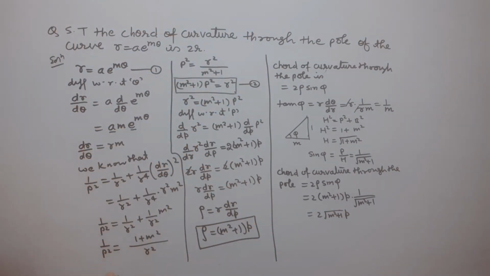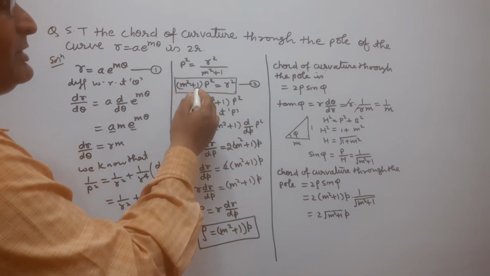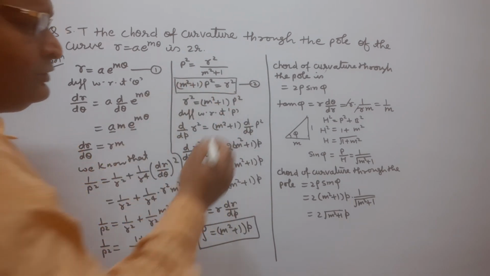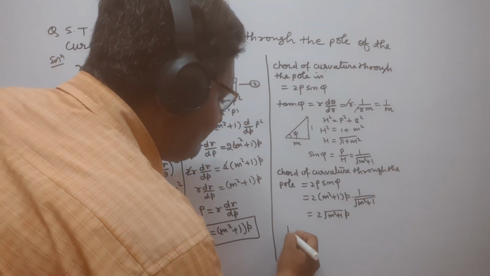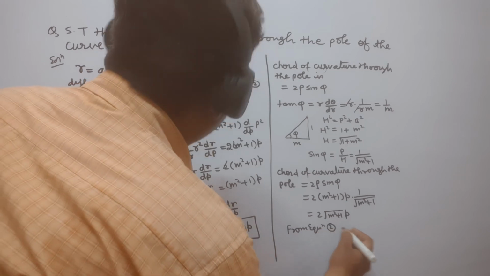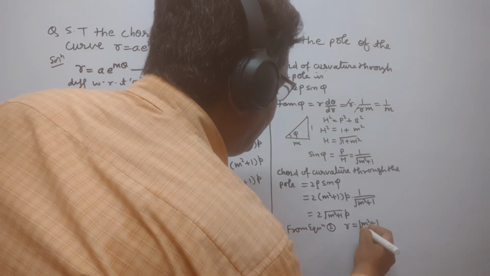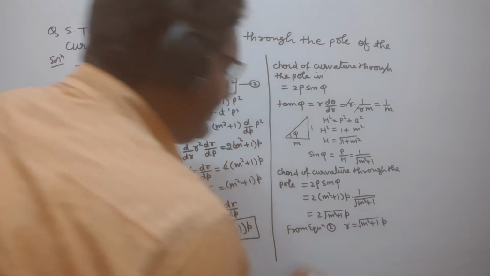And from the given equation 2 we can see here r is equal to under root m square plus 1 into p. So from equation second r is equal to under root m square plus 1 multiplied by p.